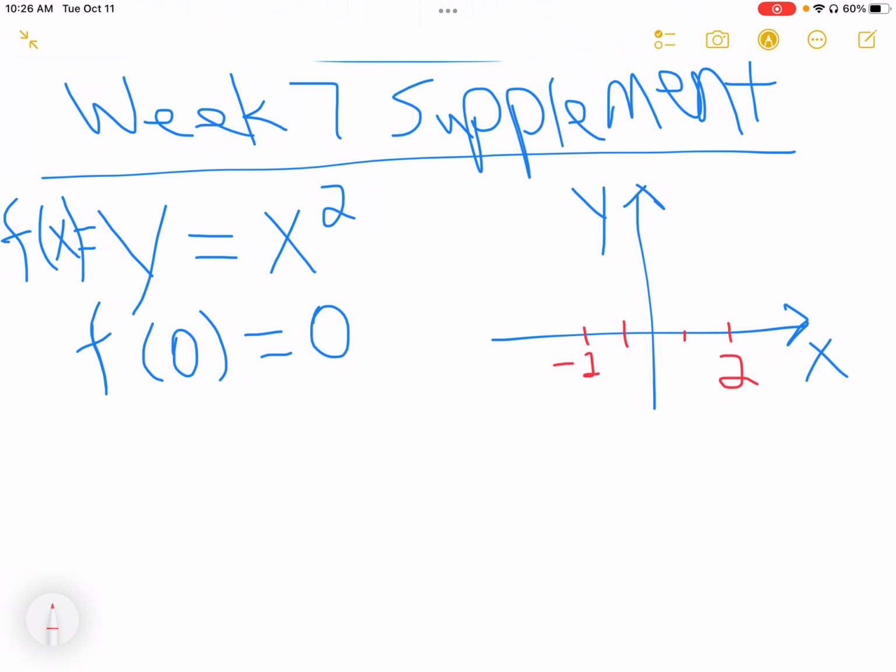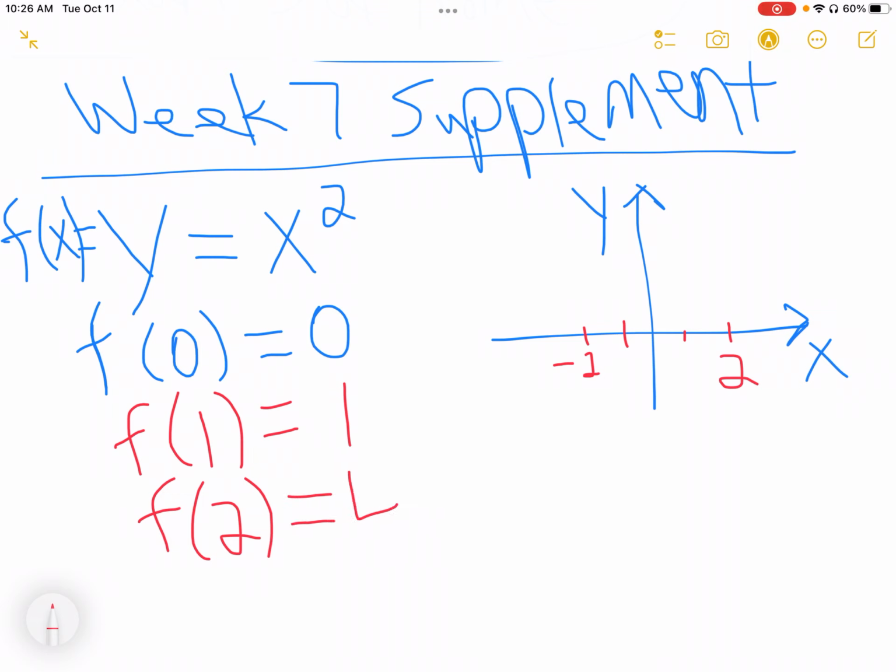If we did f of 1, that would just be equal to 1, whereas if we did f of 2 or -2, we'd have 4.